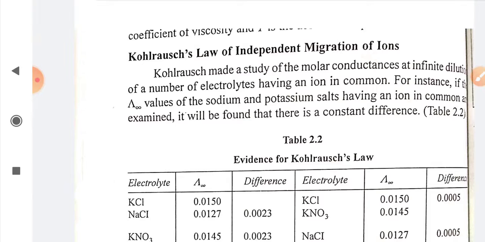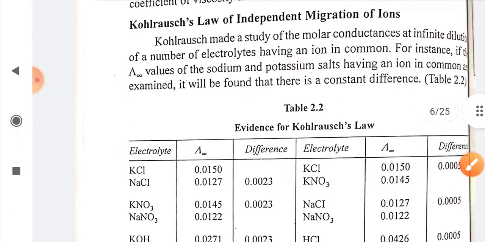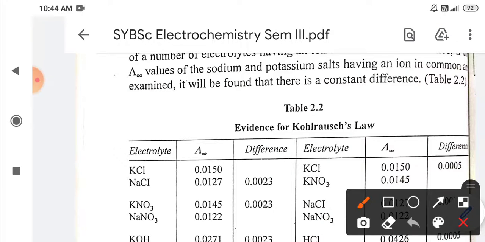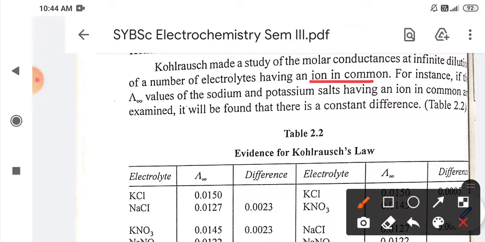So what he actually did, we can see here. Kohlrausch studied the molar conductance at infinite dilution of a number of electrolytes having an ion in common. For instance, the lambda m values for sodium and potassium salts having an ion in common were examined, and it was found that there is a constant difference.